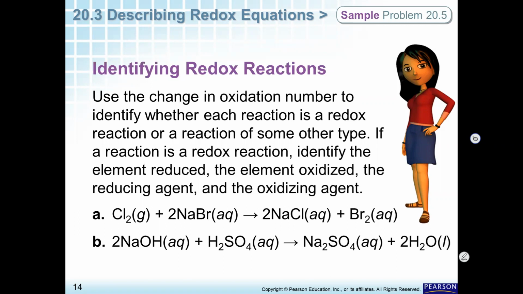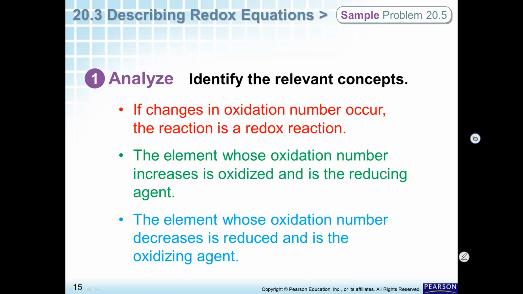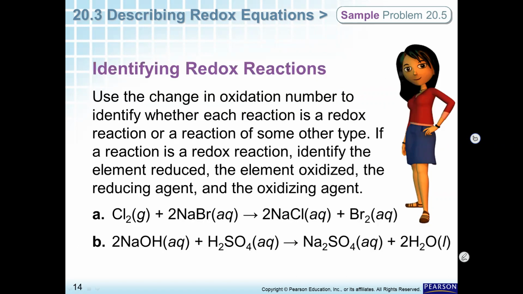Sodium is +1, oxygen is -2, and hydrogen is +1. So sodium is +1, oxygen is -2, and hydrogen is +1.